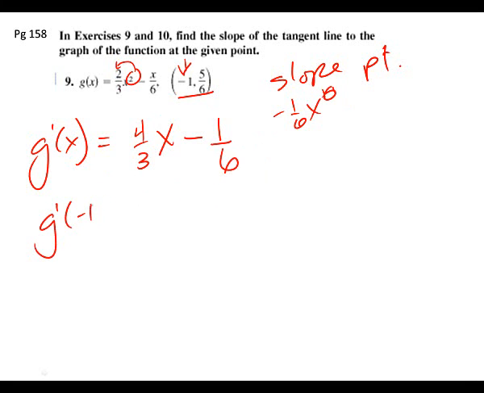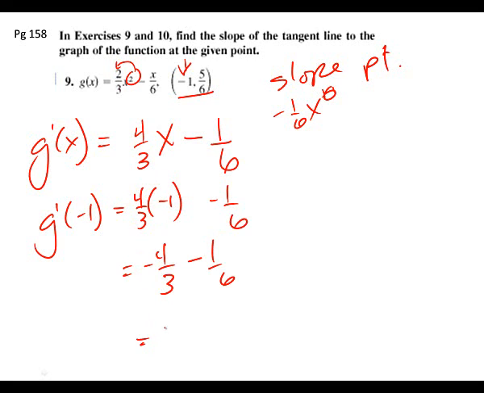Negative 1. So 4/3 times negative 1 minus 1/6. So what does this become here? Negative 4/3 minus 1/6. Kaylee was already going there. 8/6, right? So what's your slope? Do I have to simplify?